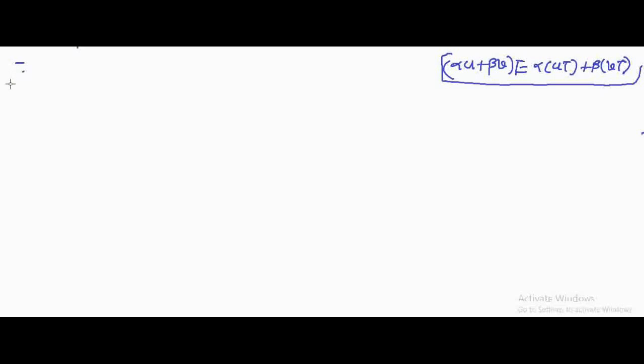Suppose I have a mapping T from R2 to R2, ordered tuple to ordered tuple, such that T of (a, b) equals (a plus 1, b plus 2).